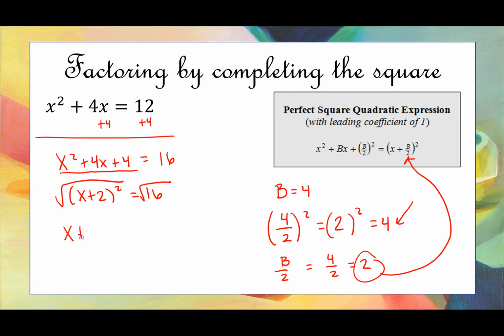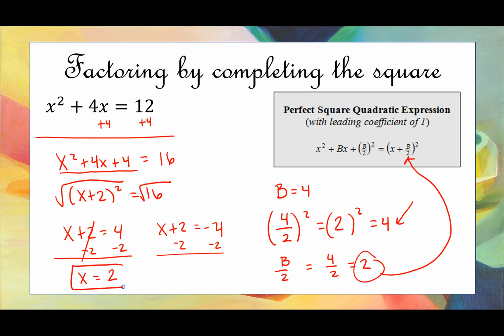That gives me x plus 2 is equal to a positive 4, and x plus 2 is equal to a negative 4. Subtract 2 from both sides. I get x equals 2. And here I get x equals negative 6. And again, if you want, you can pause this video, plug back into the original, and check your answer.